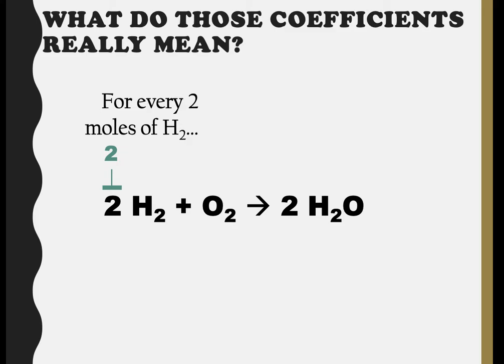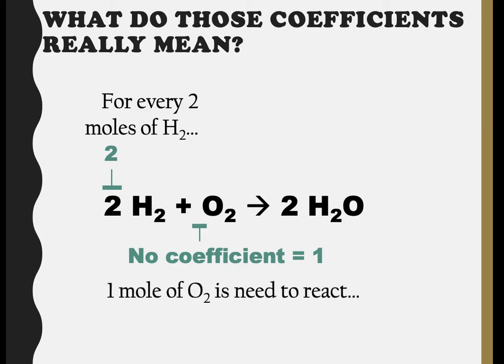It tells us how these things come together. So if we look at this equation for the creation of water, the coefficient tells us that for every 2 molecules of water, or we can think of this in terms of moles, you need 1 oxygen molecule.